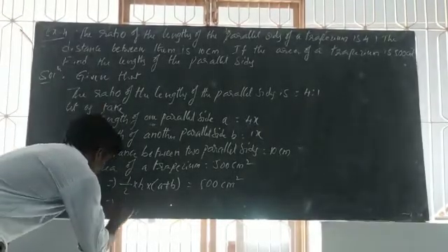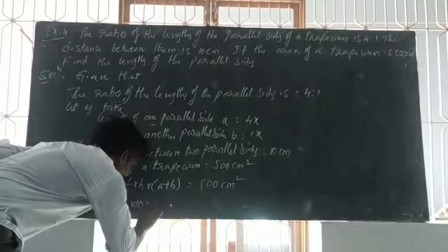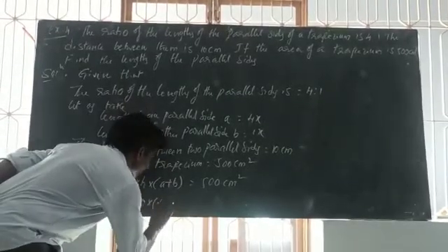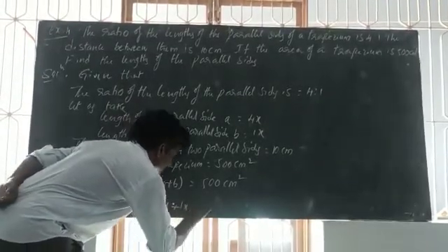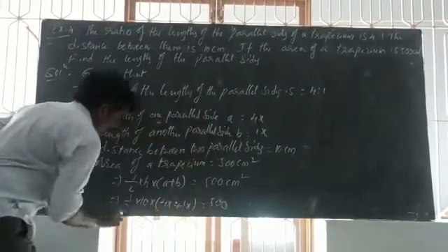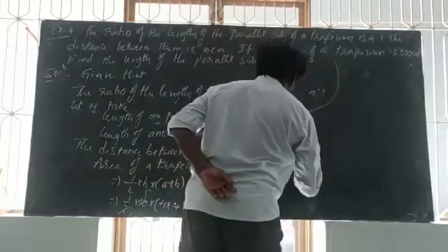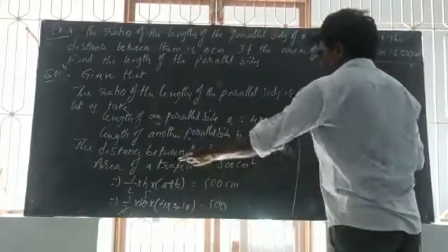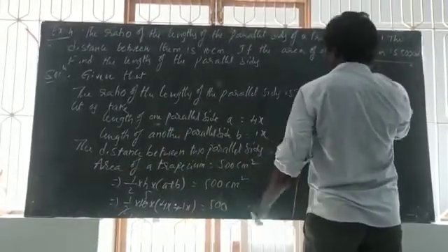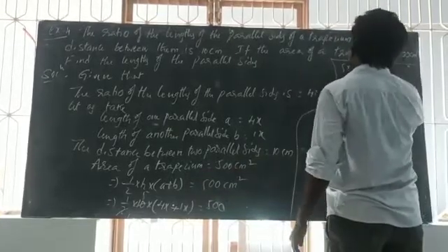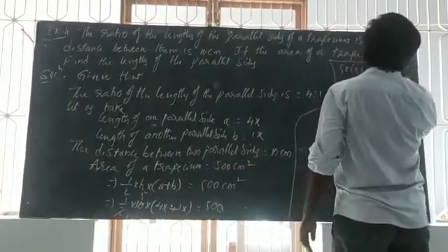So that is 1/2 into 10 into 4x plus 1x is equal to 500. So 2 ones are 2, 2 fives are 10, so 5 into 4x plus 1x, that is 5x, is equal to 500.